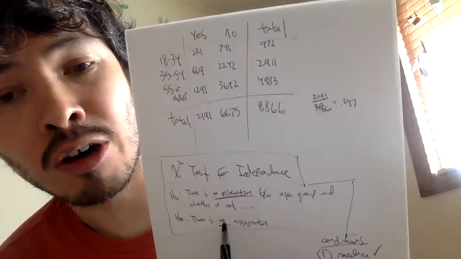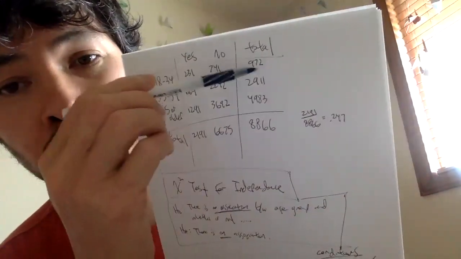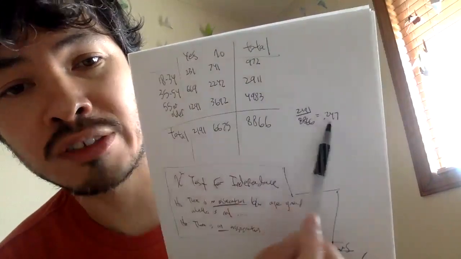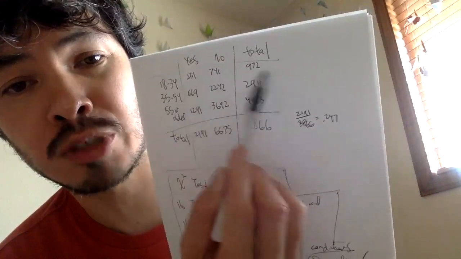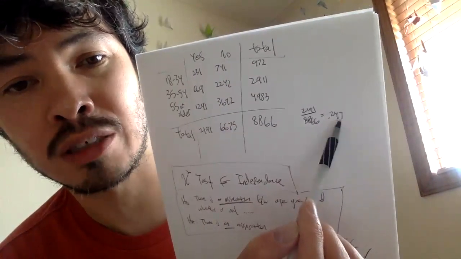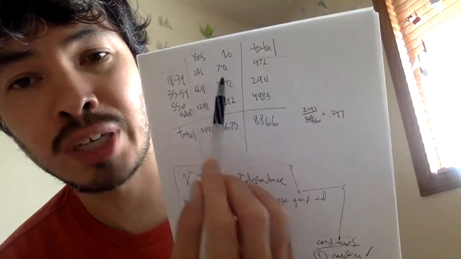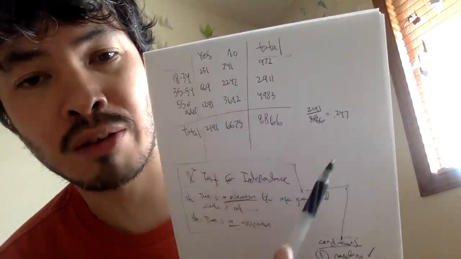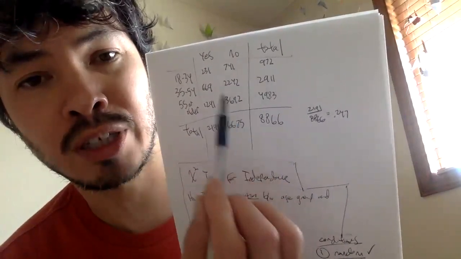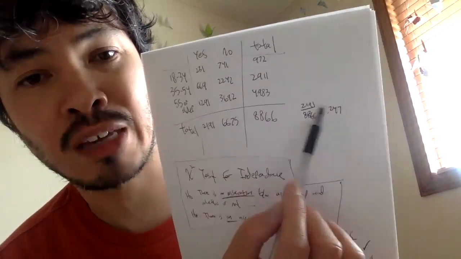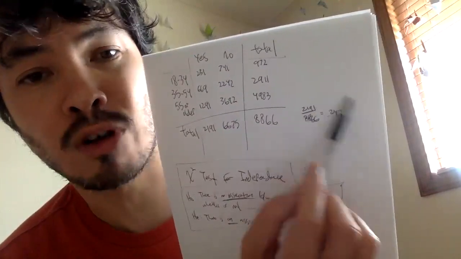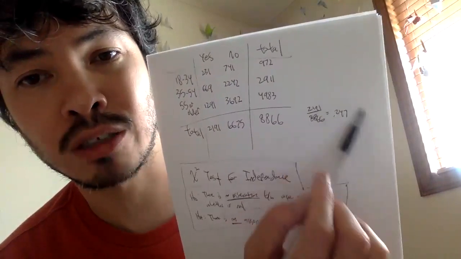Now, if there was no association, then all these age groups should also be 24.7%, right? One individual age group should not be different than the population. That's the probability of B given A equals the probability of B, independent. The probability that you eat 5 or more, given you're 18 to 34, is the same as the probability you eat 5 or more for the whole population.